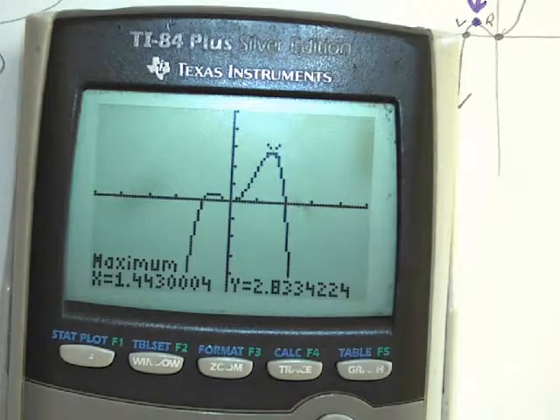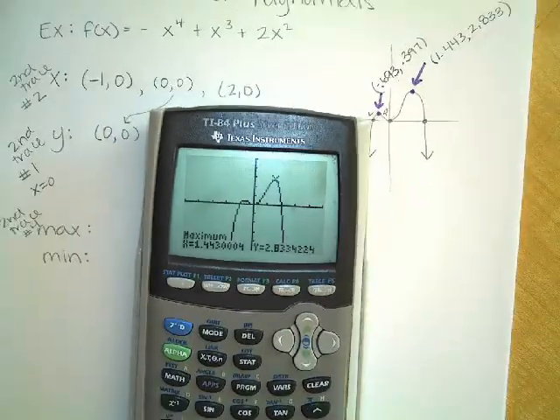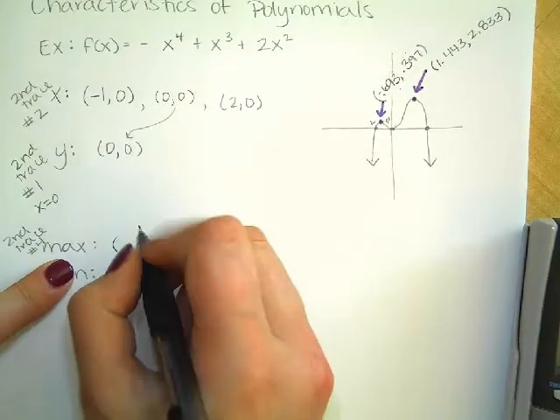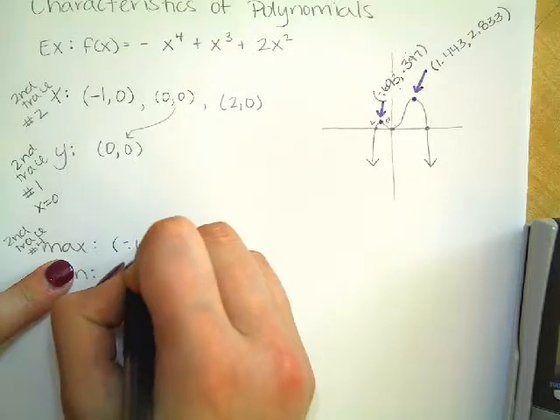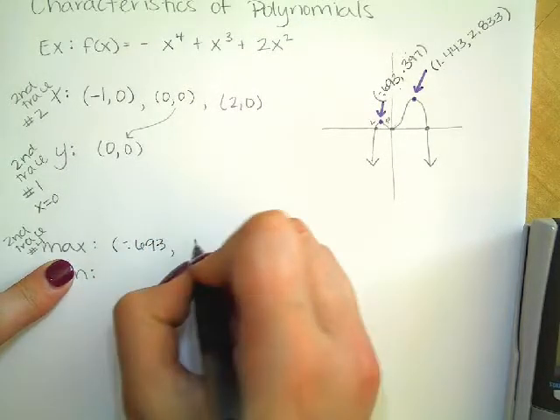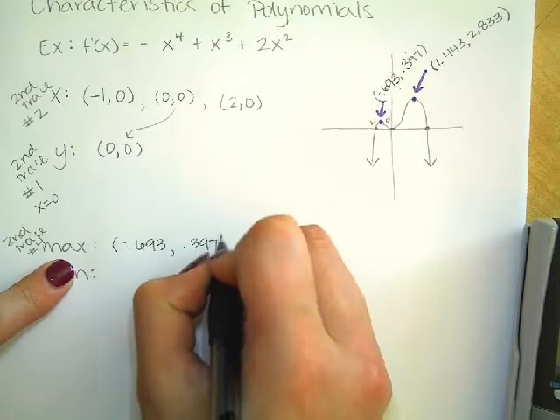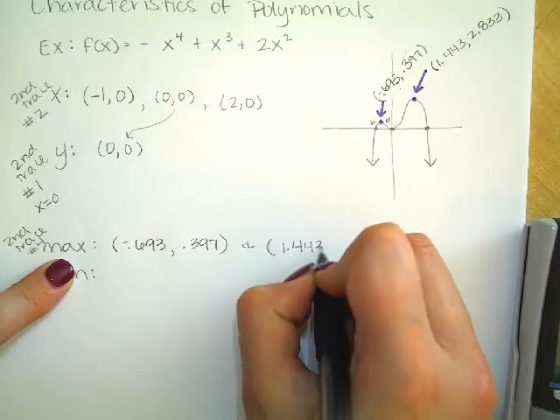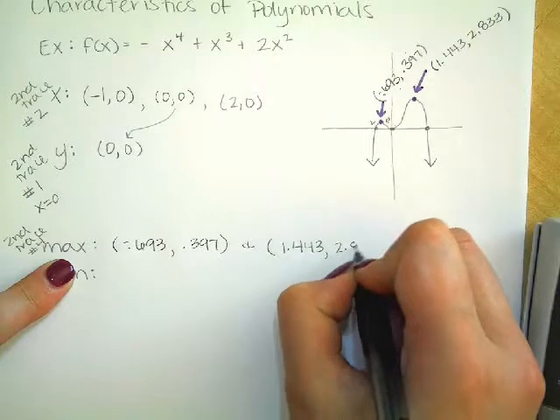All right, so let's go ahead and write both of those on the papers. I went ahead and labeled them, but I'm going to go ahead and write it next to Max anyway. So negative 0.693, 0.397, and 1.443, 2.833.